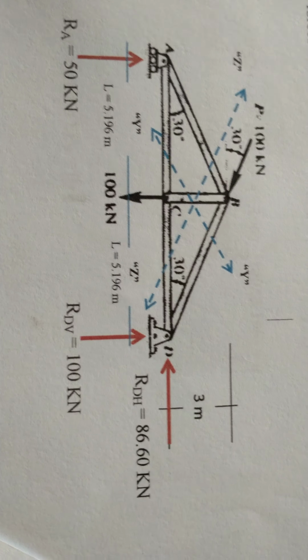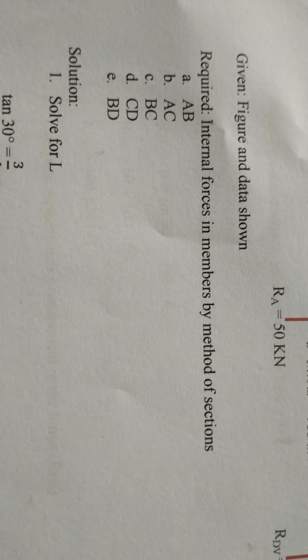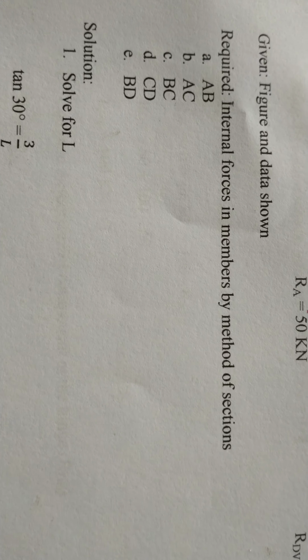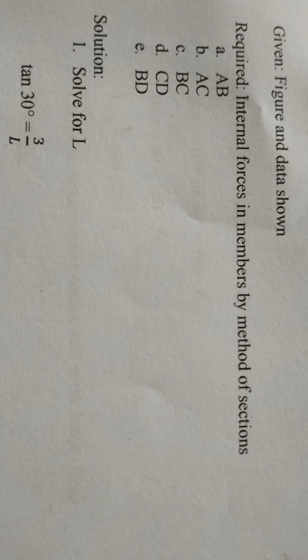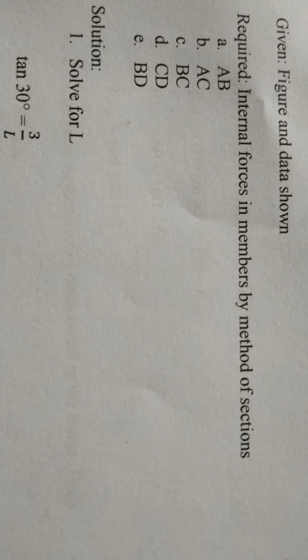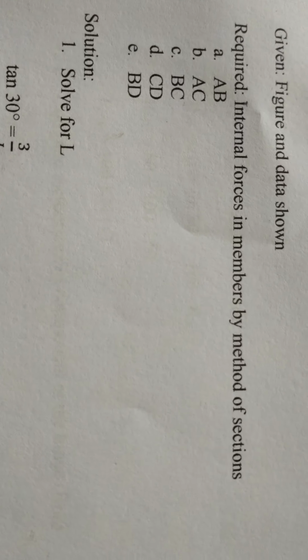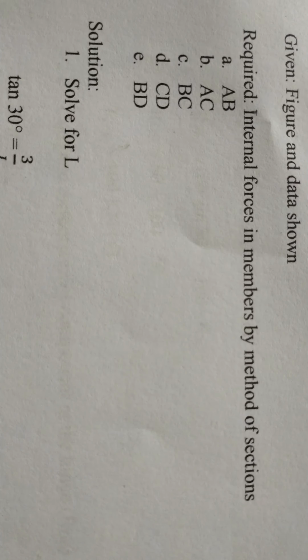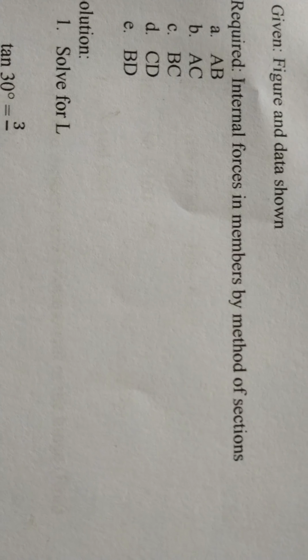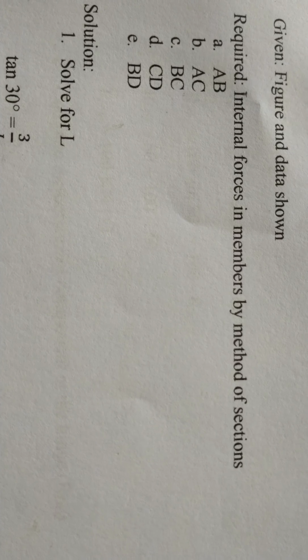You will see this in the illustration later. As we have been doing in our solutions, we state the given, figure, and data shown. If there are important data that you should state, you write them all as part of the given. And we have the requirements: the internal forces in members by method of sections.